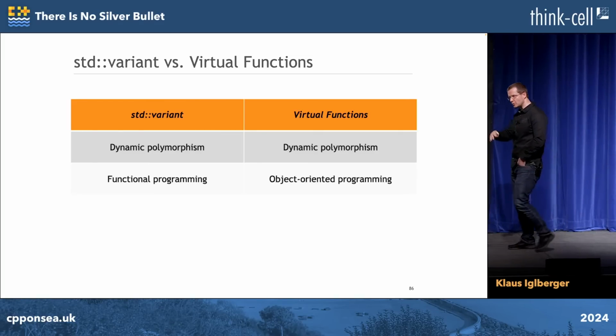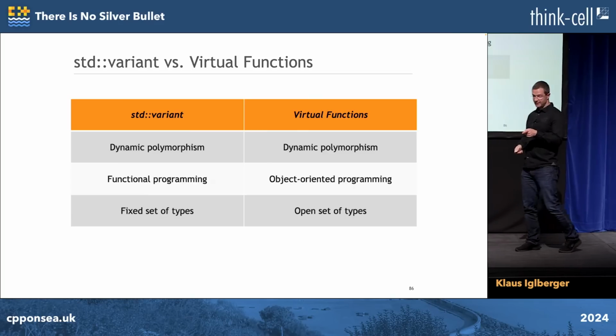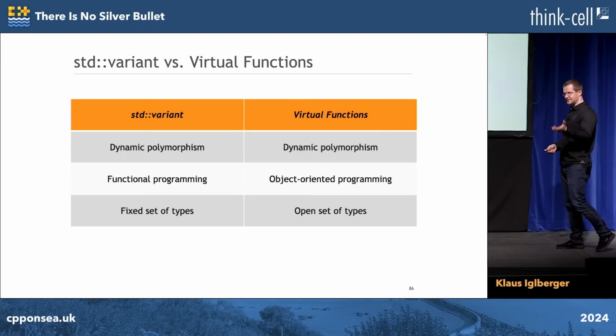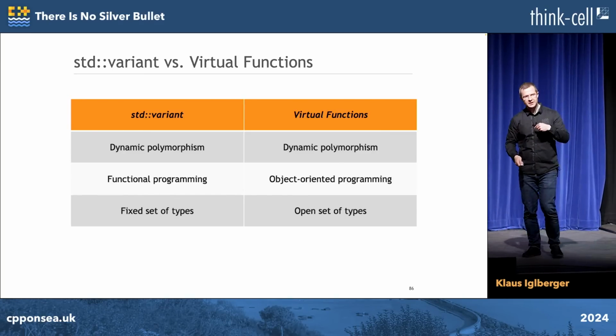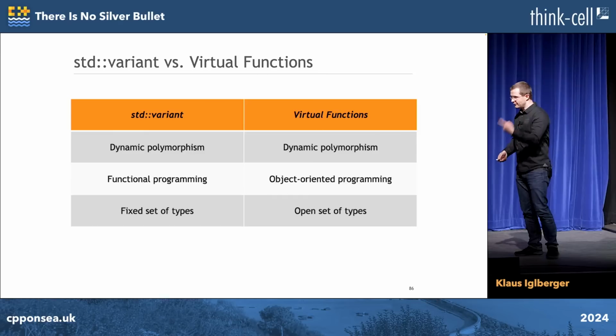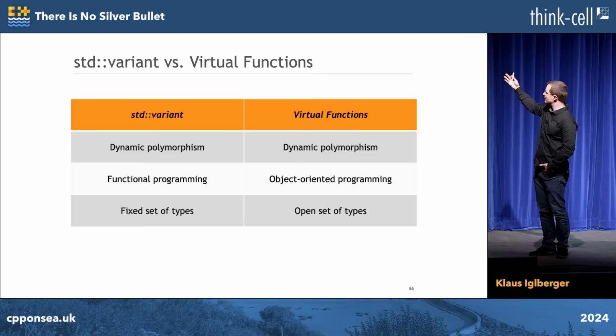Virtual functions belong more in the realm of object-oriented programming. Variant is the thing that you would use if you have a fixed set of types, which is not what we need in our case. The virtual functions, however, are more the open set of types. That's what we used. Now we can just derive a new class in order to create a new type.